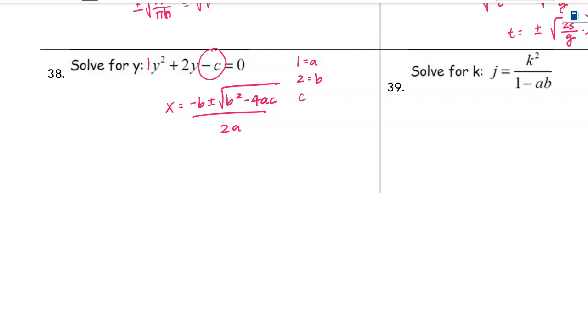So negative c equals c. Okay, so x equals negative 2 plus or minus the square root of 2 squared, which is 4, minus 4 times 1 times negative c, all over 2 times 1.